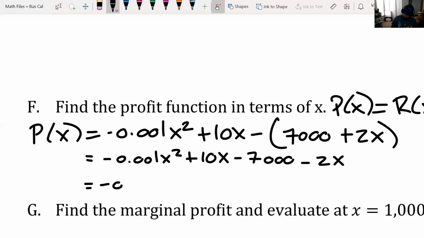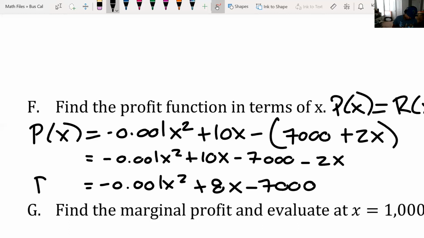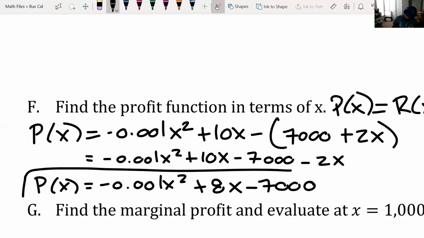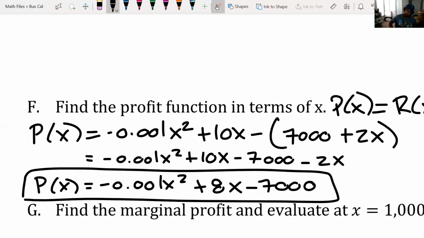And we get negative 0.001x squared plus 8x minus 7,000. And there is the profit function.